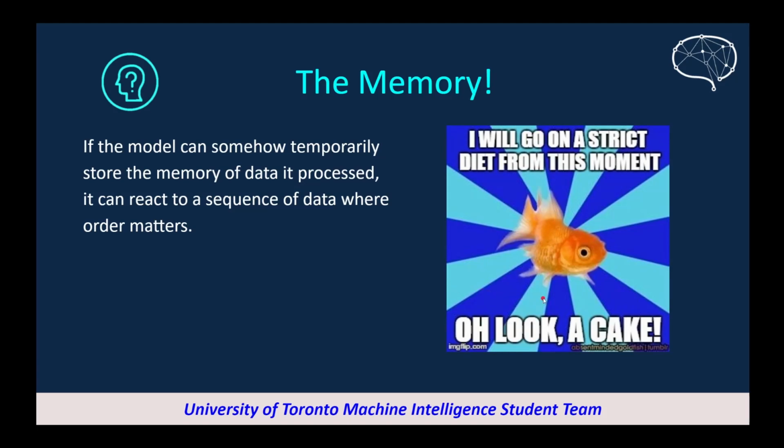Using the goldfish as an example, if you believe it, right? Let's just assume that a goldfish has only 10 seconds of memory. It cannot remember things happening 10 seconds before. So for this fish, it's only processing the states or data that it receives right now in the current time.